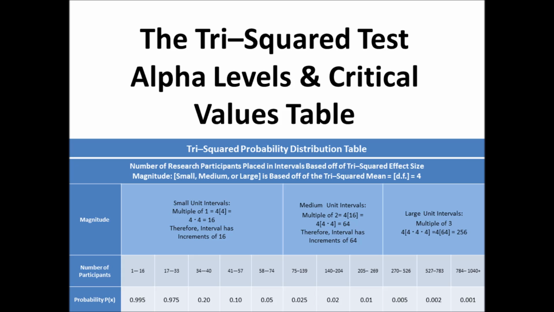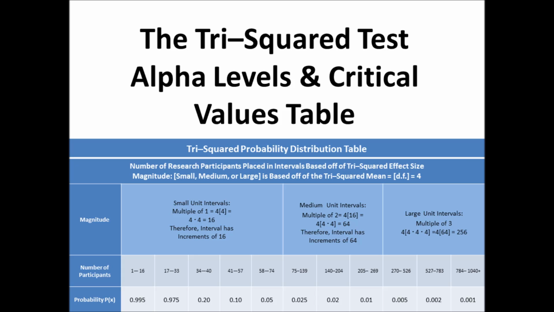Based upon that, the tri-squared test distribution determines the intervals. This was amazing as I began to calculate it out. Your intervals are broken up into units based upon levels of significance at alpha levels ranging from 1 percentile all the way up to an ideal percentile that exceeds 1,040 plus respondents, recipients, participants.